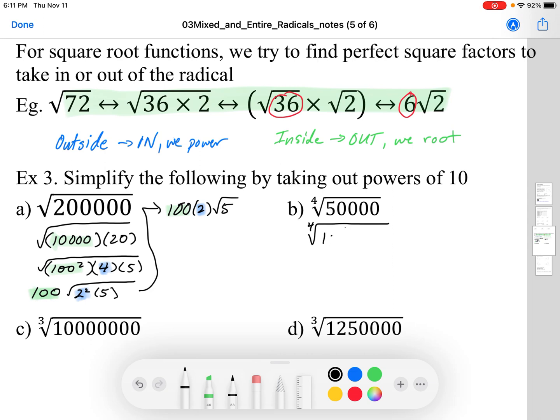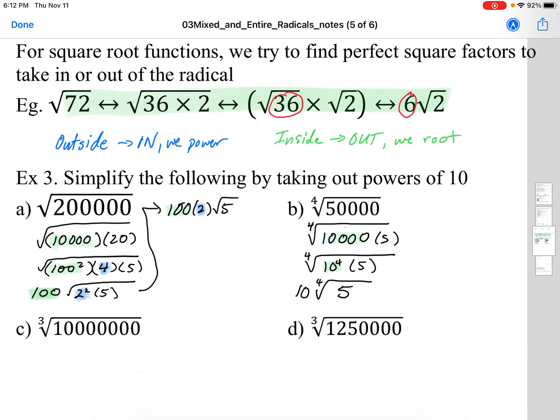We end up with 10,000, that is 1 with 4 zeros, so that can be rewritten as 10 to the power 4. That is a perfect power of 4, so that can come from the inside and end up on the outside. So the 4th root of 10 to the power 4 becomes 10, and on the inside is whatever cannot come out. So that's where the 10 comes from. It comes from the inside out.